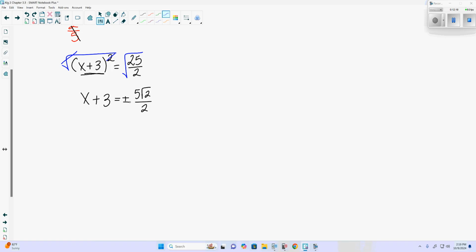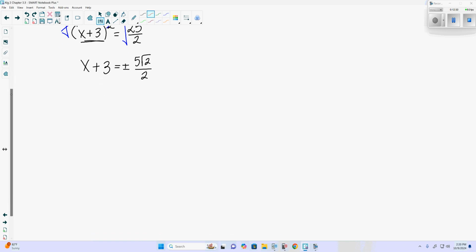So, step number 3, solve for x. Is x by itself? Well, no. Here we have what? X plus 3. So, this one here we do have to solve. We have to subtract 3 from both sides.